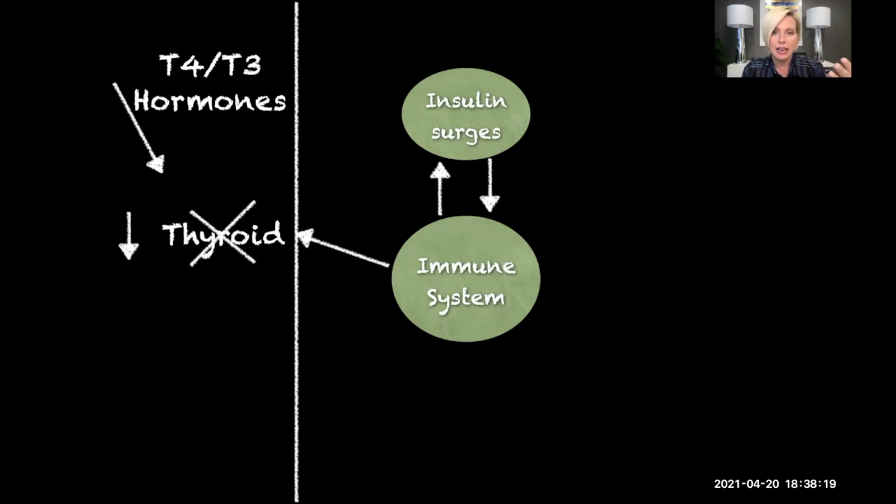And what eventually happens after you have all these insulin surges, you start to develop insulin resistance and you develop type 2 diabetes. And like I shared yesterday, type 2 diabetes is the most common disease process secondary to thyroid issues in my postmenopausal females, because these insulin surges have been going on for so long.